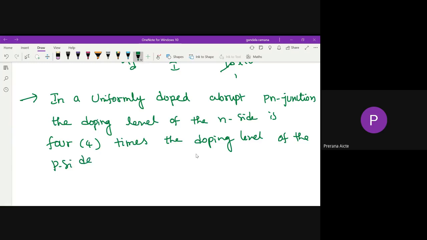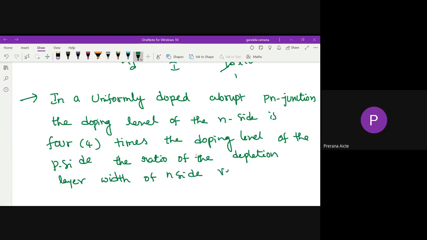The ratio of the depletion layer width of N side versus P side is dash.